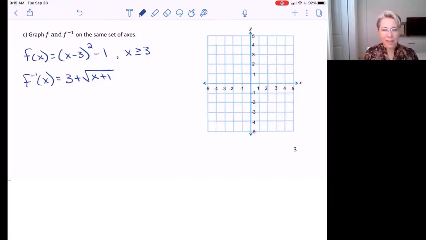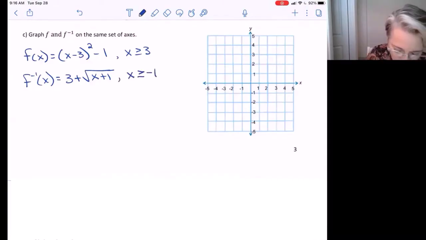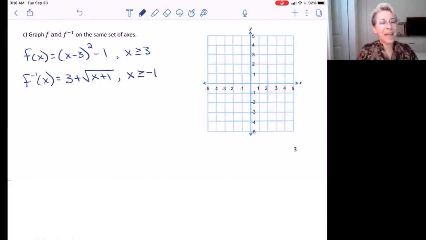Well, if you remember how to find the domain of a square root, we know that that x plus 1 has to be 0 or larger. In other words, it has to be non-negative. So just by the nature of this function, we know that this x value has to be greater than or equal to -1. If we put in -2, then we're taking the square root of a negative number, and we're only dealing with the real number system, so we can't do that.